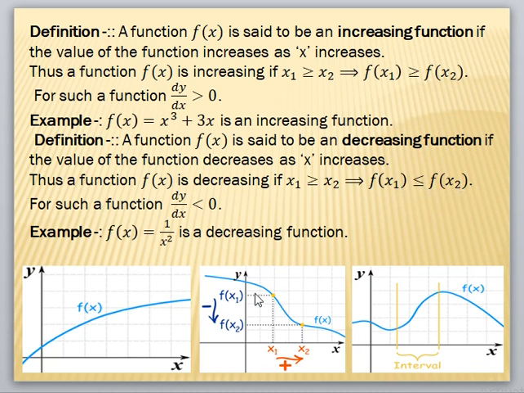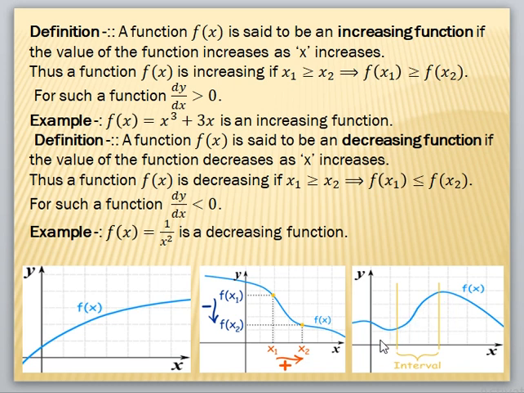So this is called a decreasing function. This is a graph of an increasing function. This is a graph of a decreasing function. Let us now consider the third one. In the third one, for this part the function is increasing, and for the last part the function is decreasing.